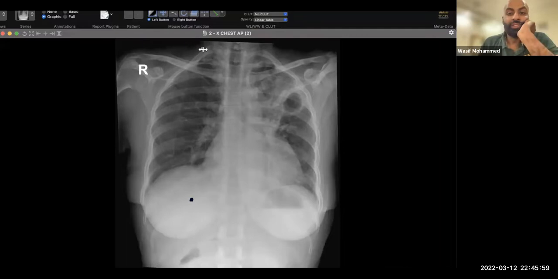Okay, so this is the first case that you saw. There's a cavitating lung lesion with a thick wall, but additionally there's an area of consolidation or ground glassing. You can see air bronchograms. There's no loss of lung volume. No other lung lesions, no pneumothorax. So you were perfect on that.